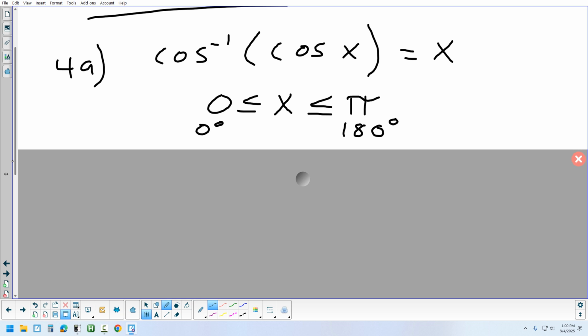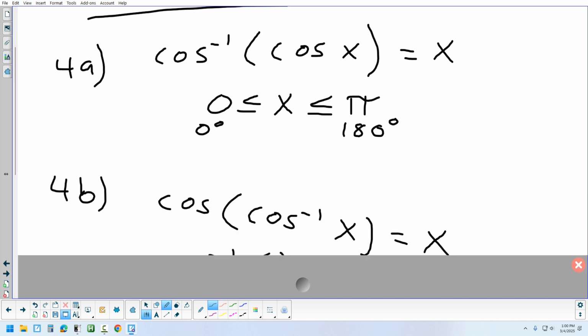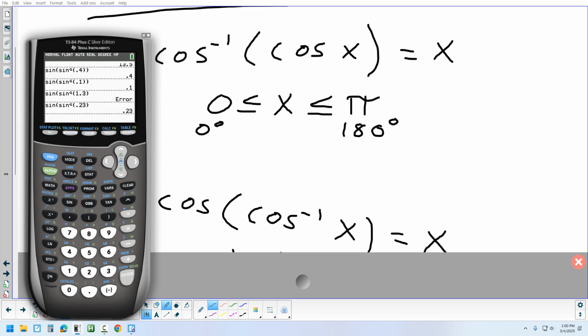Okay. Formula 4b. What's the difference between the 4a and 4b? The inverse is on the inside. And the way I explained to you how this one worked is I graphed cosine, and we looked at how high and low it goes.